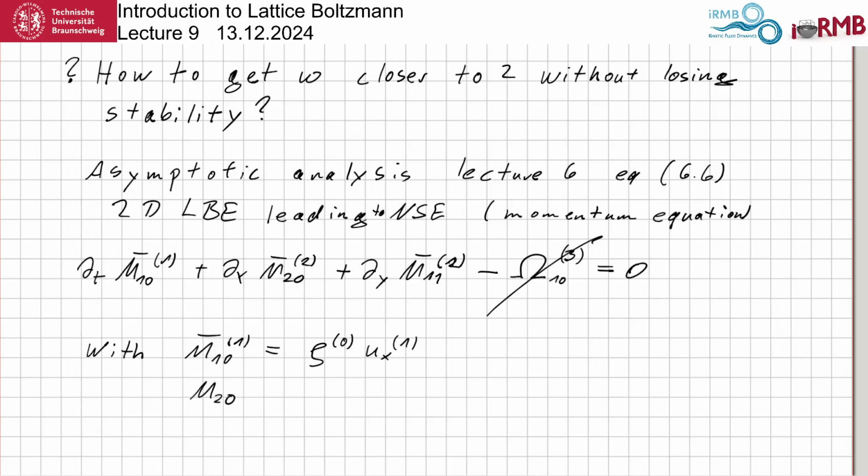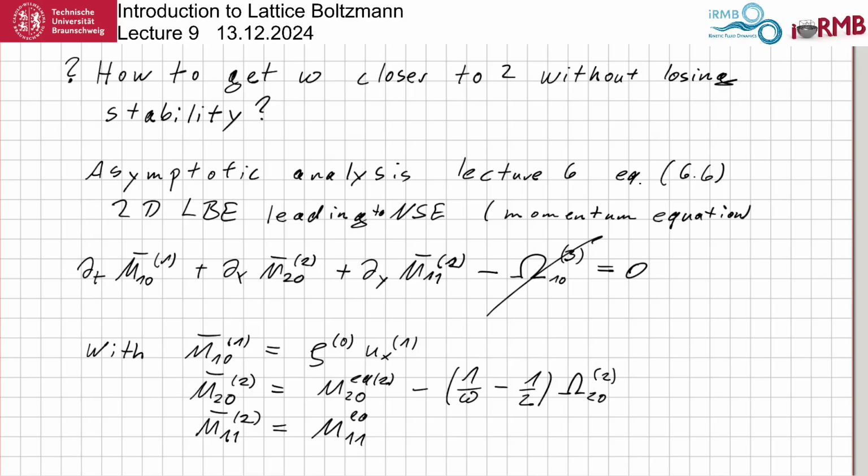and m20 to the second order is being equal to the m20 equilibrium to the second order minus 1 over omega minus 1/2 times the large omega 0 to the second order, and we have m11 to the second order is m11 equilibrium to the second order minus 1 over omega minus 1/2 omega 11 second order.